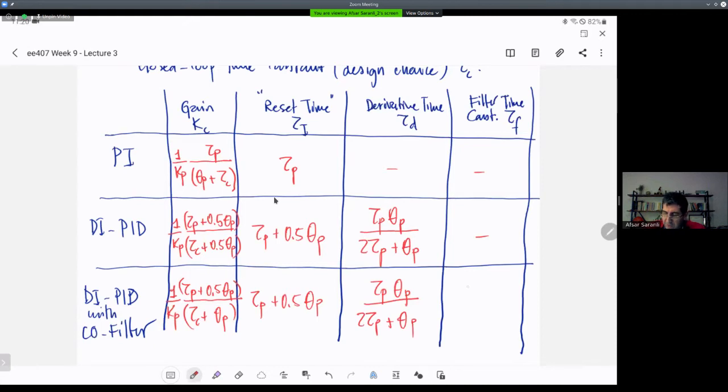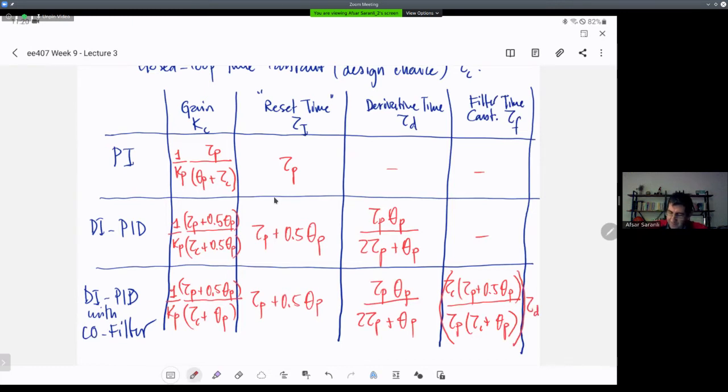And also we have a control filter time constant, and that's going to be tau C, tau P plus 0.5 theta P over tau P, tau C plus theta P. And all of this multiplies times tau D. Okay?